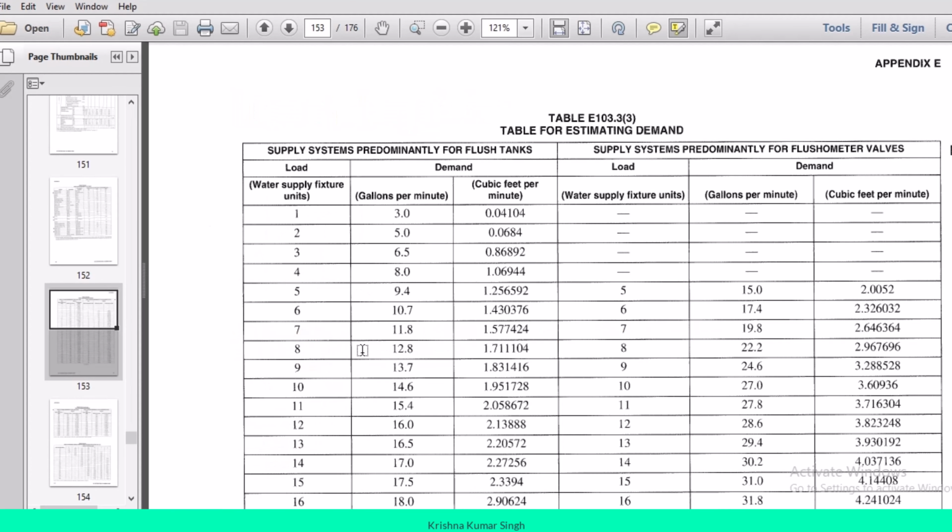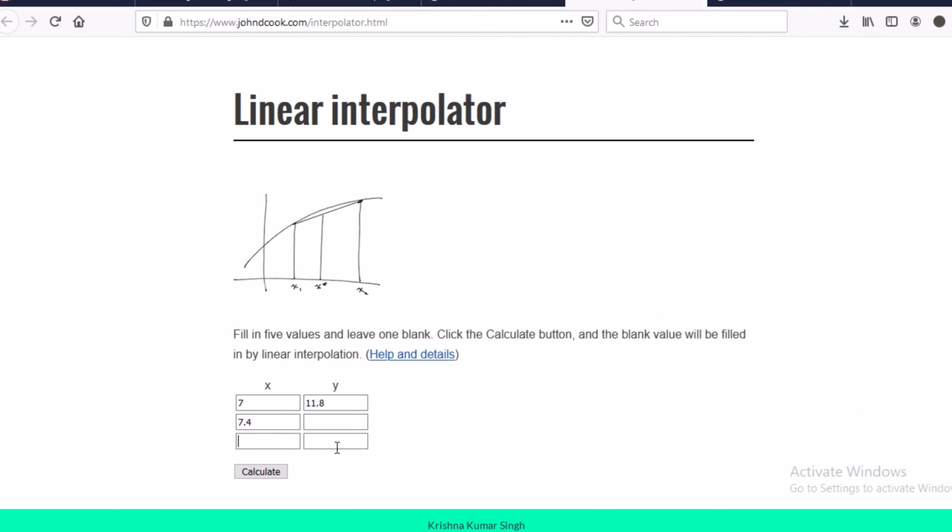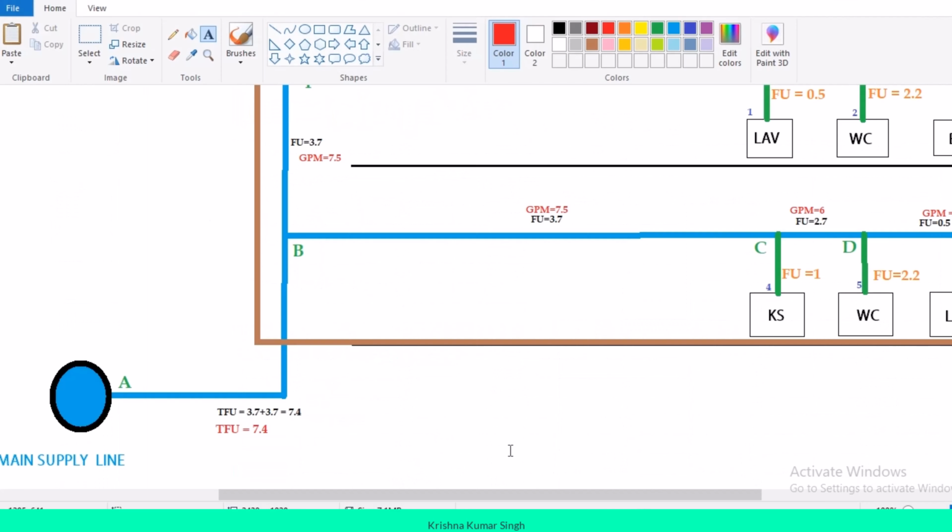The maximum is 8 water supply fixture units, which gives you 12.8 GPM. 8 gives you 12.8. Okay, now press calculate. 12.20, up to one decimal place I will take 12.2 GPM. GPM equals 12.2. Now that's it.